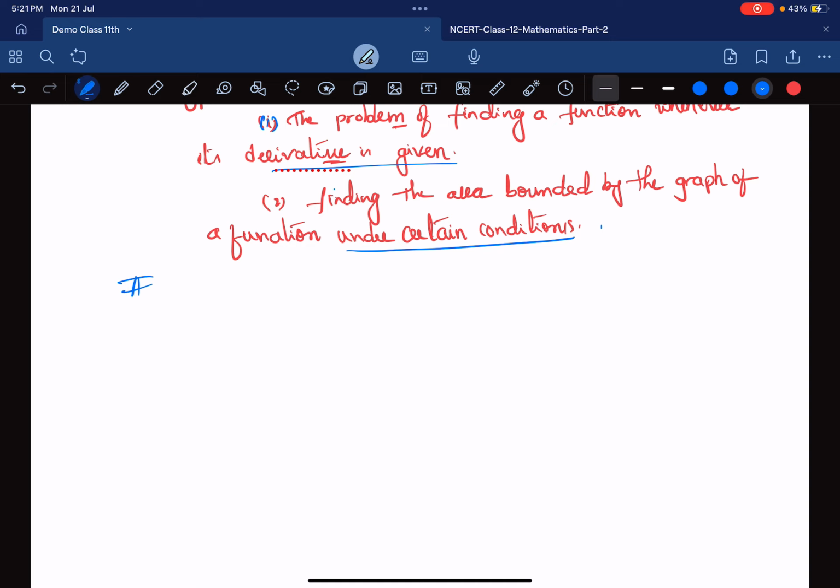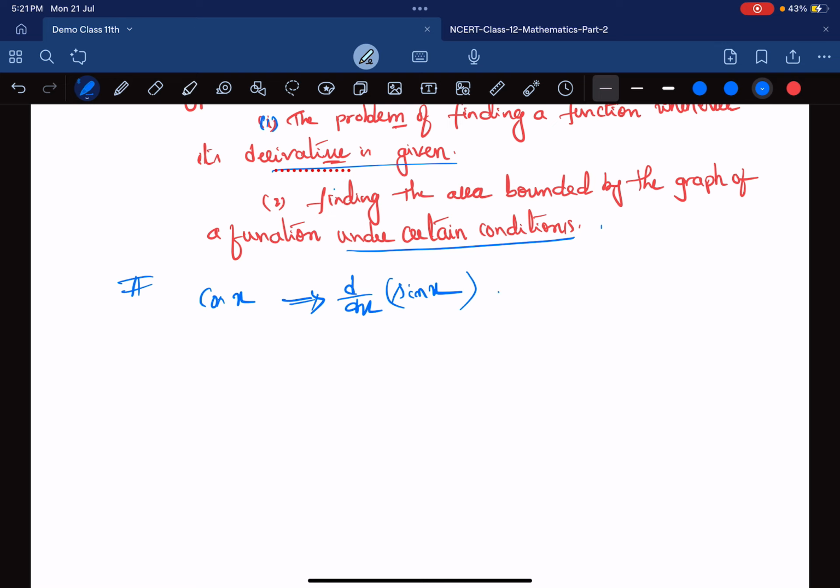That is also called an antiderivative. So cos x is the derivative function. Which function's differentiation is cos x? That is d by dx of sin x. So we get cos x by differentiating sin x.